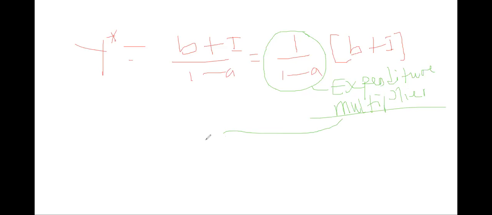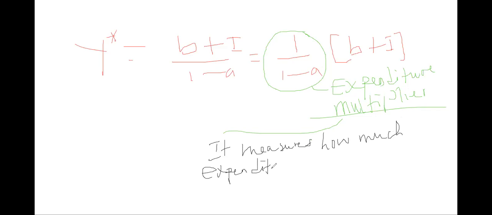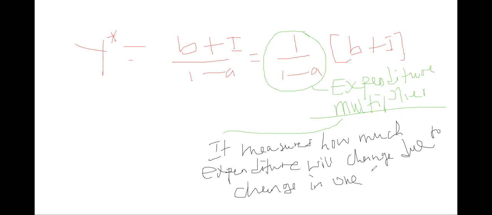So what it measures is how much expenditure will change due to a change in one unit of income. So this is the expenditure multiplier.